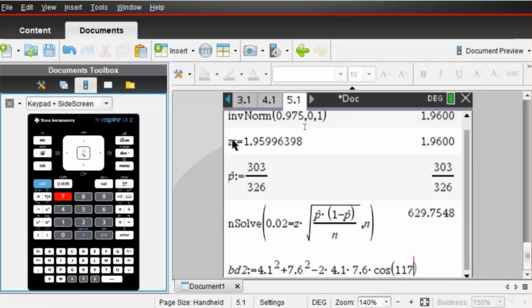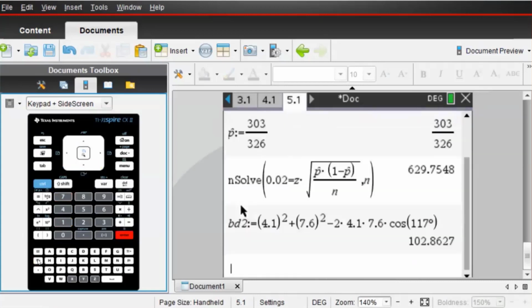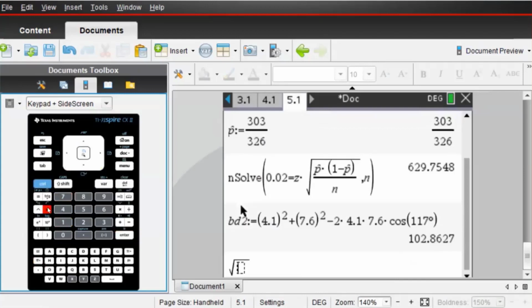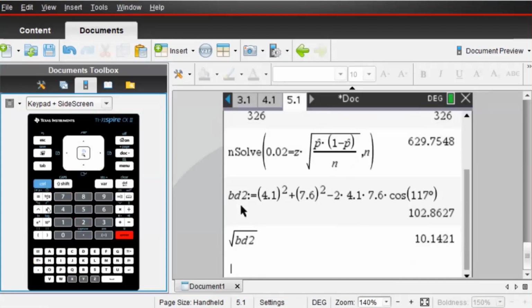Now, it looks like my calculator's in degree mode, but let's be safe rather than sorry. Let's put a little degree symbol there, and that'll give me the value of BD squared. So if I want the length of BD, I'm going to have to take the square root of that value.